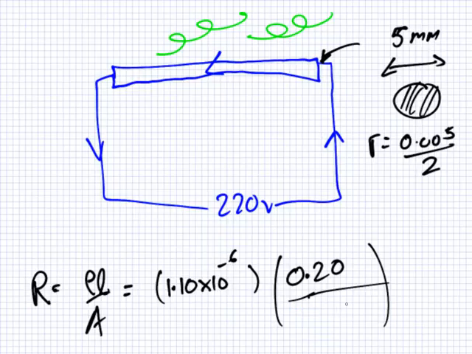Let me just write that again. 0.005 divided by 2, pi r squared, because we can use this formula.